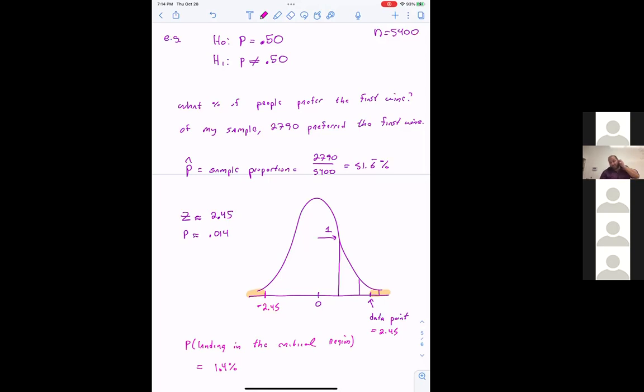This is called, by the way, the p-value of the experiment. P is the p-value. What this means is that if the null hypothesis is really correct, there's a 1.4% chance of getting the result that I got.